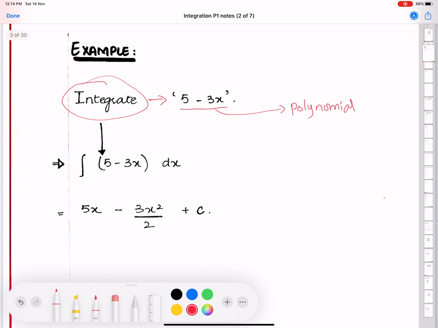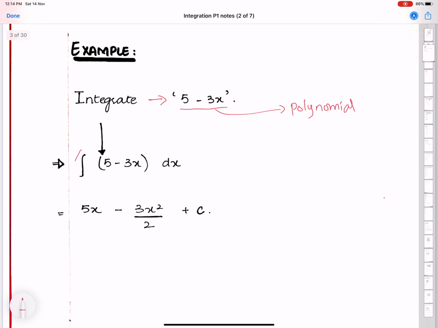Whenever you find the word integrate, you need to use the sign of integral and dx, and you need to write the function between these two. Make sure you write the given polynomial between the sign of integral and dx.